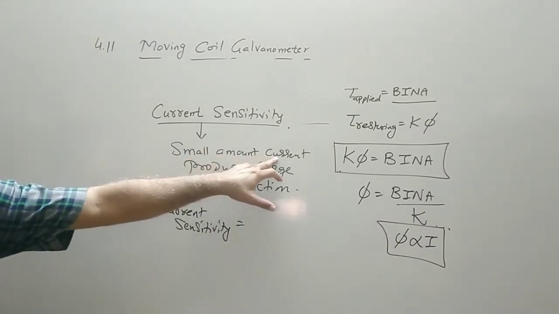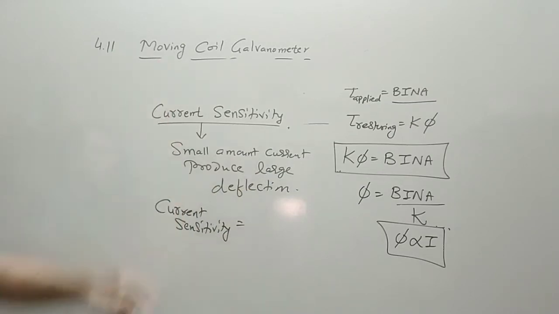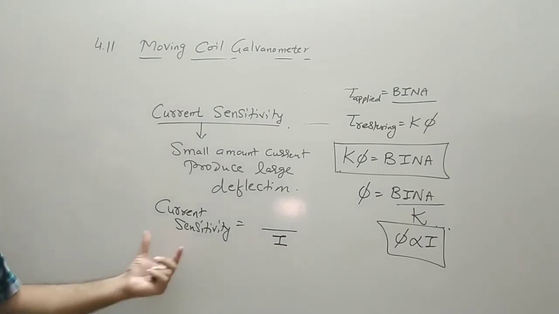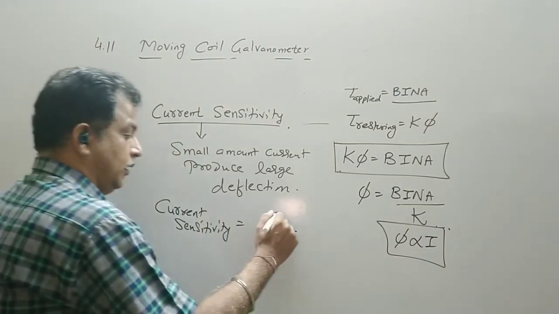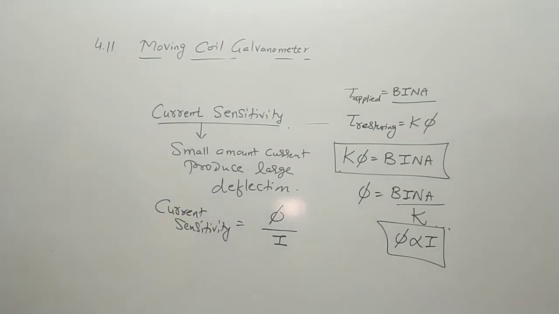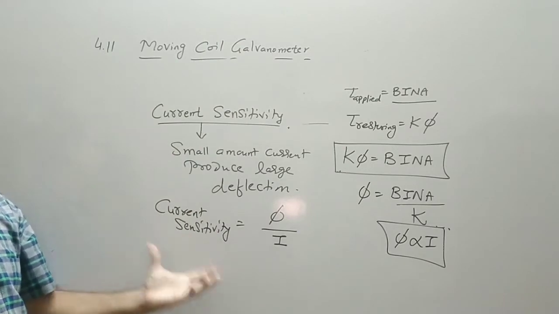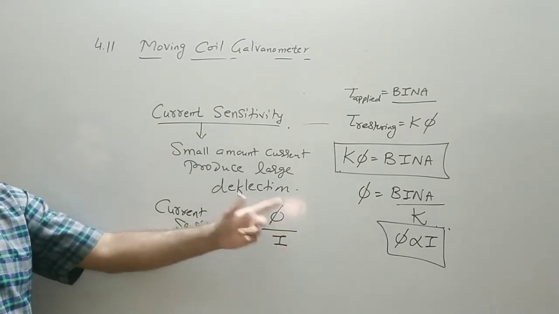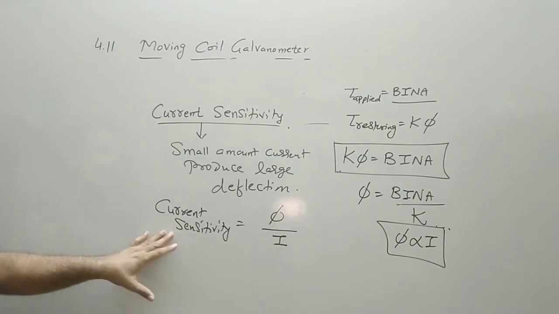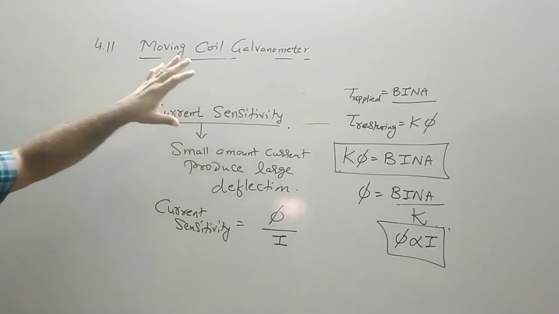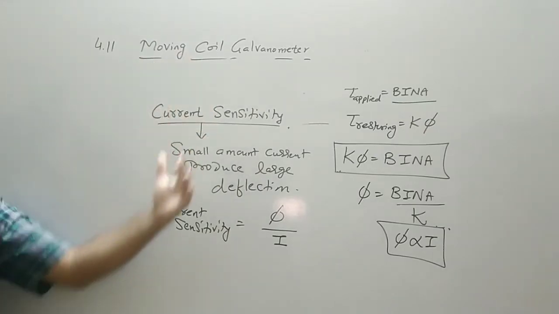A small amount of current should produce a large deflection. So I is small, current sensitivity should be high, deflection large. So if a small amount of current produces a large deflection, we say the sensitivity of a galvanometer is very high. See, I is small, then phi is large, so current sensitivity will be very large. So a small amount of current producing a large deflection means the galvanometer is very sensitive.